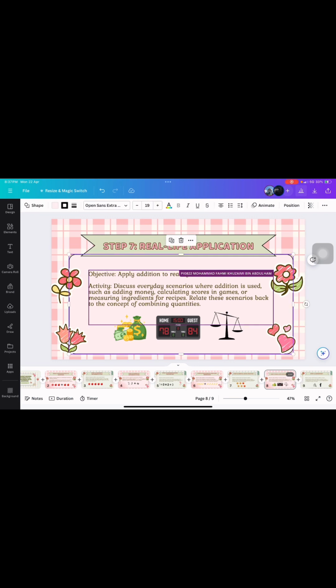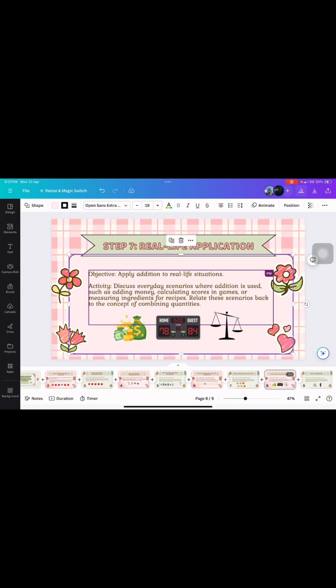The objective is to apply addition to real life situations. Discuss everyday scenarios where addition is used, such as adding money, calculating scores in games, or measuring ingredients for recipes. Relate these scenarios back to the concept of combining quantities.